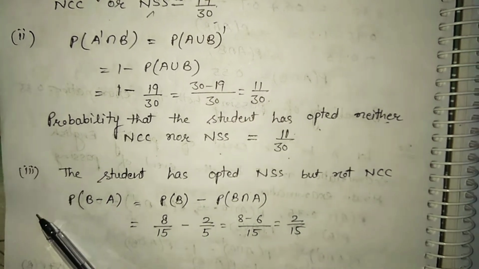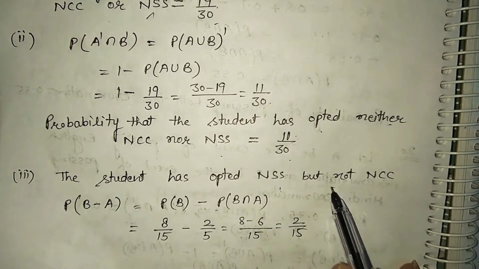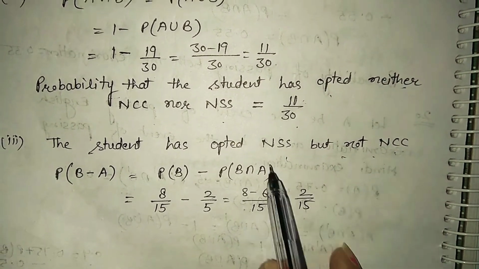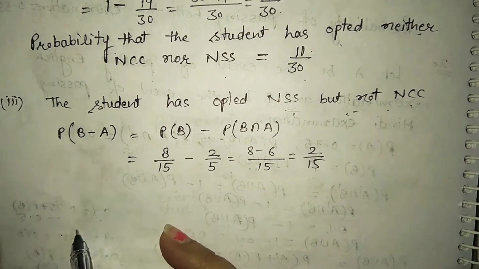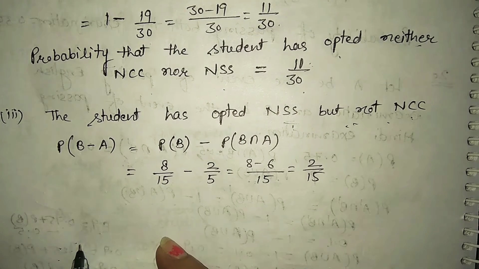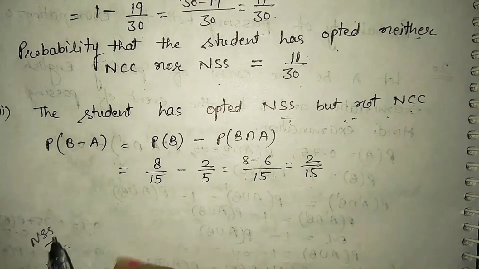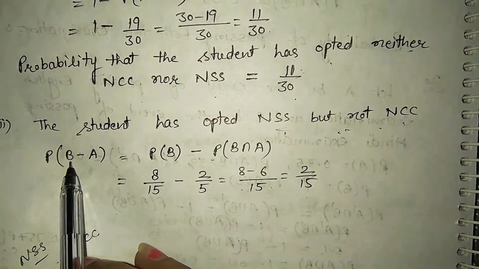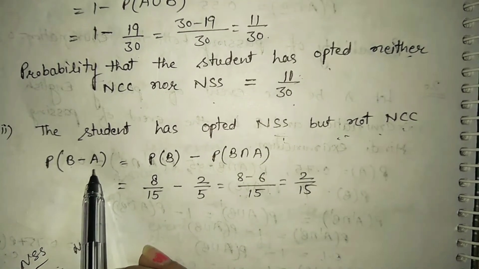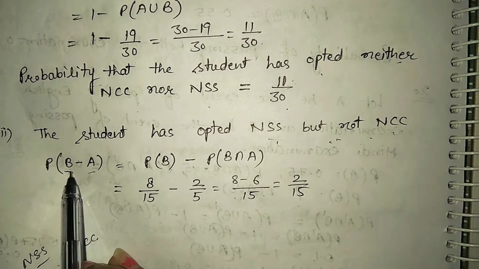Now look at the third part. The student has opted for NSS but not NCC. This type of question we have done before, like only tennis, only cricket. So this is that type of question: the student takes NSS but not NCC. We take NSS as event B and NCC as event A. So we want to find B minus A, meaning only NSS.